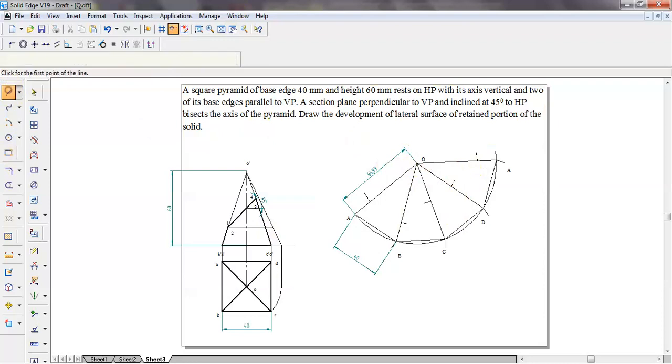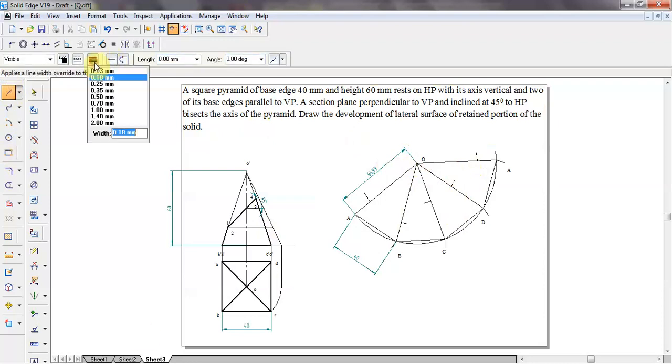So now join all the lines: one, two, three, four and five.